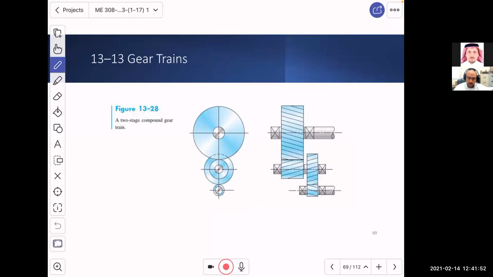I have seen this myself: most of the time, when you receive gearboxes in a workshop, they are usually 2-stage. A 2-stage compounded gearbox or train is very common because there is a standard output, for example, for a turbine, and there is a standard input for a pump.